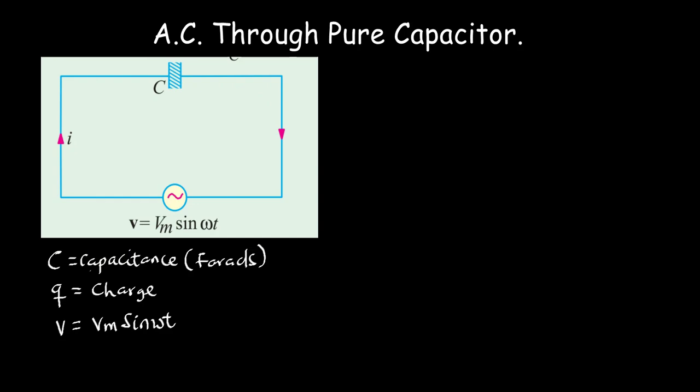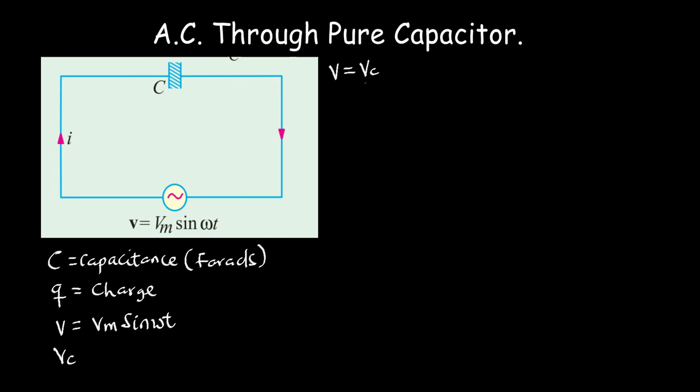There's going to be a voltage across this capacitor, which we represent with Vc. Because the only element in this circuit is the capacitor, the voltage on the capacitor will be equal to the voltage from the source, so V equals Vc.